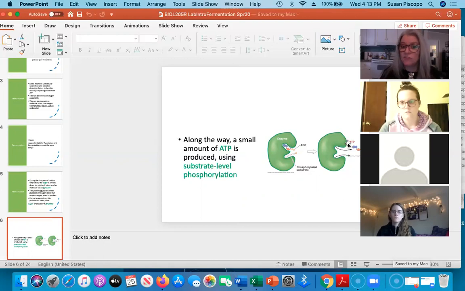This is what we call substrate level phosphorylation. The ADP is piggybacking on the substrate for that enzyme and getting phosphorylated and becoming ATP. So during glycolysis, the first part of respiration and the first part of fermentation, we're making a little bit of ATP.